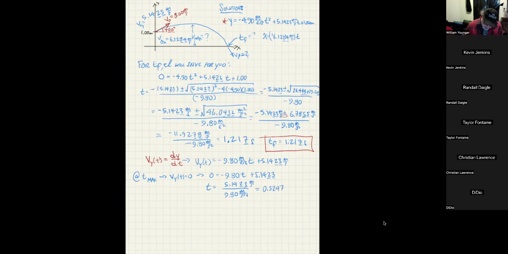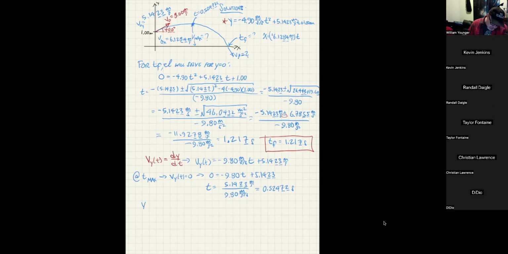That should be 3 sig figs divided by 3 sig figs, so I'm going to say 0.5247 seconds. So that's the time when it gets right here at this spot. That's t equals 0.5247 seconds.